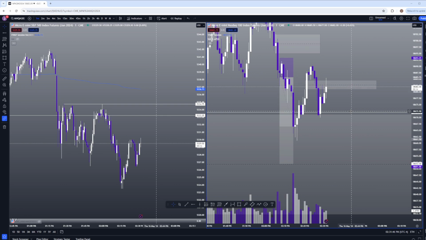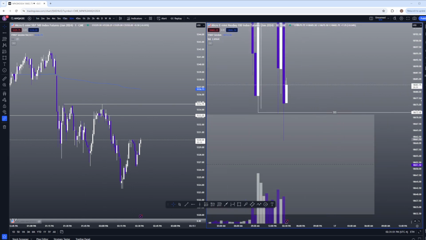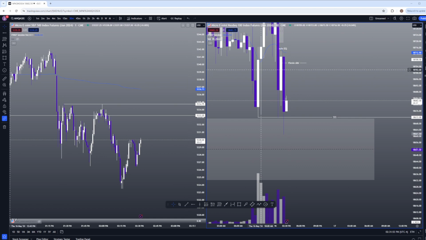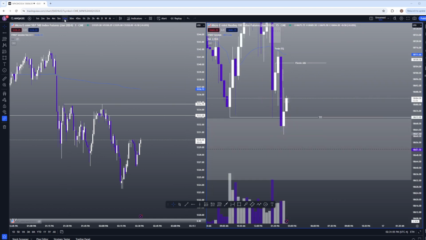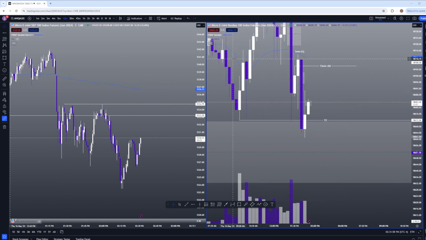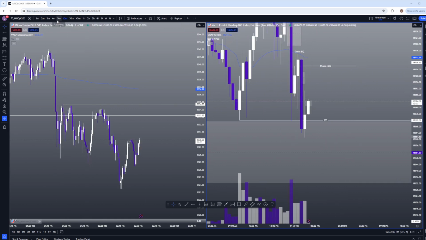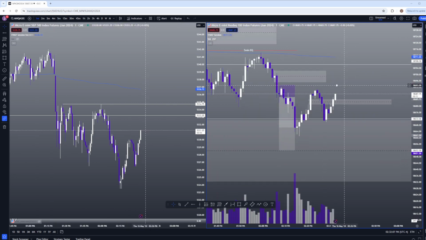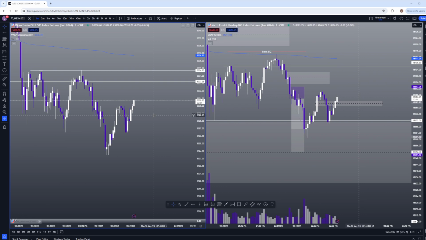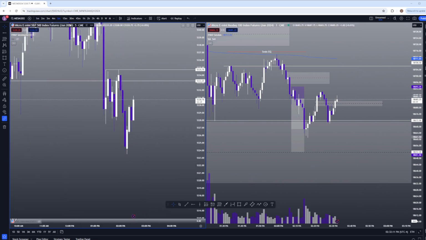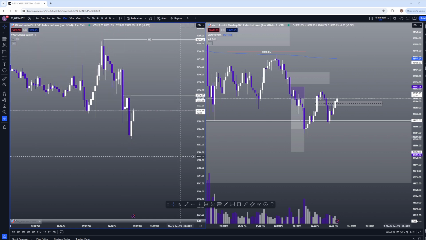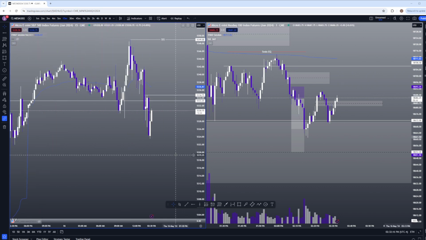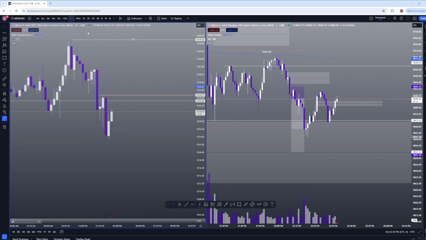Back to that slow movement here. Yeah, we got displacement on ES as well, 5 and 15-minute time frame.